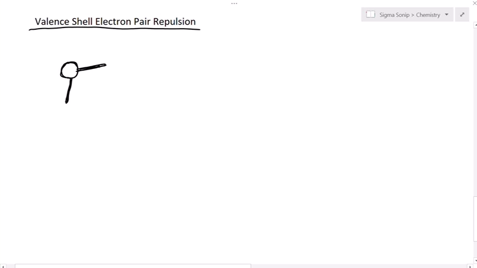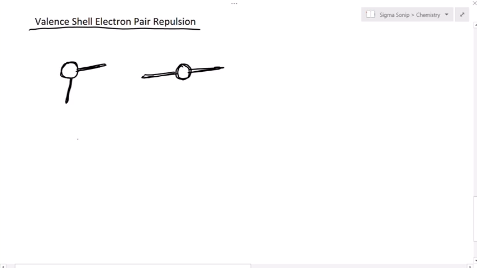Because these sticks are free to move, they would reorient themselves. They would try to get as far away from each other as possible, and finally they will settle in this shape. That's your sphere, and one stick will be here, other stick will be here, because they are trying to get as far away from each other as possible.